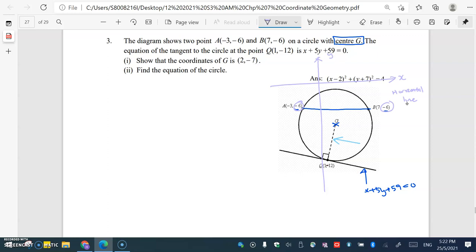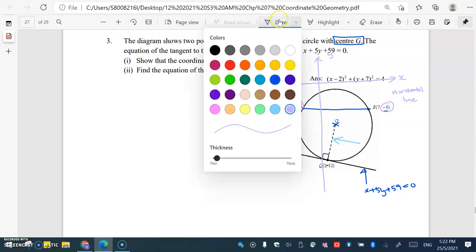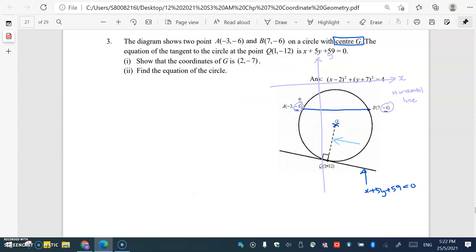So if I have this information, I know that if I draw a perpendicular bisector from the center G, this and this are the same, and we know that there is a midpoint here, midpoint of AB.